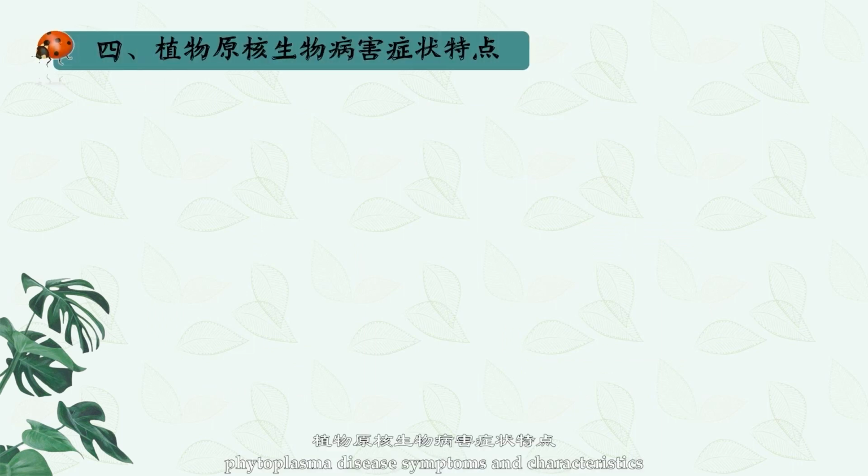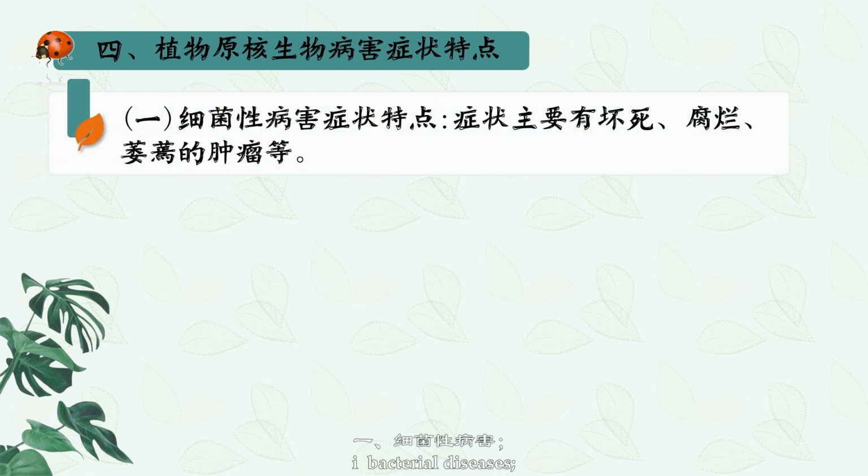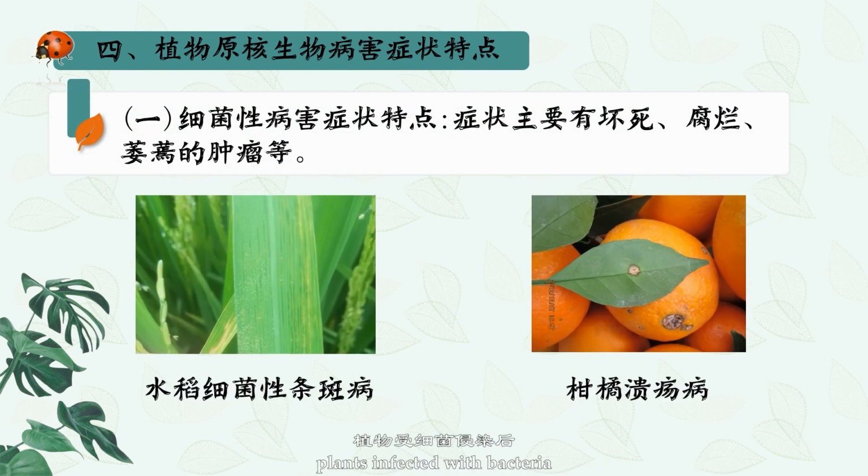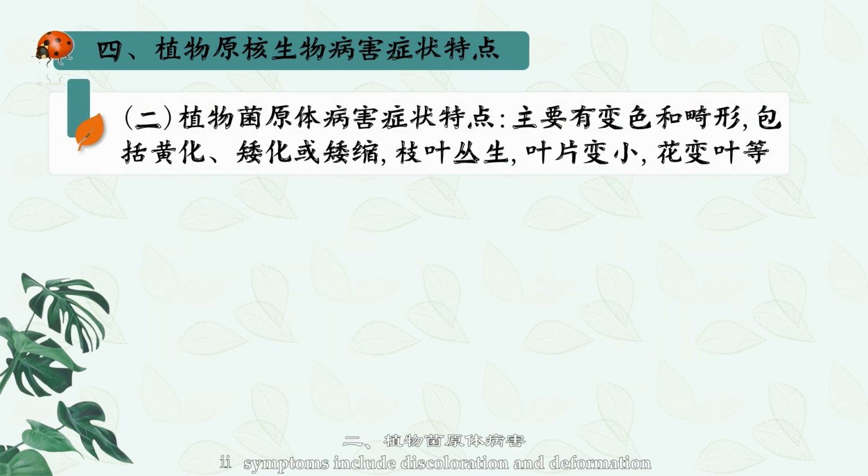Symptoms and characteristics of phytoplasma diseases. I. Bacterial diseases. Plants infected with bacteria can produce necrotic spots, rot, wilt, tumors, and other symptoms. II.